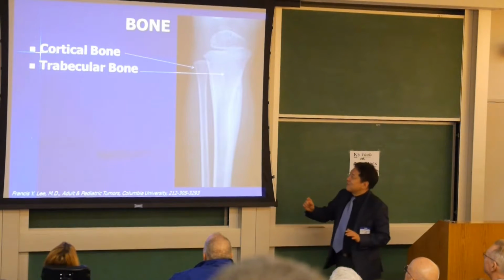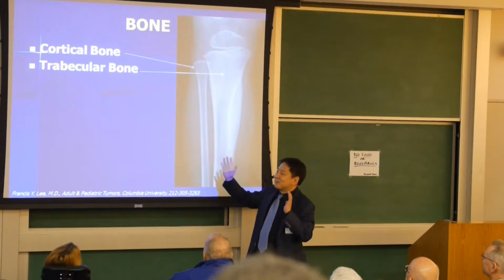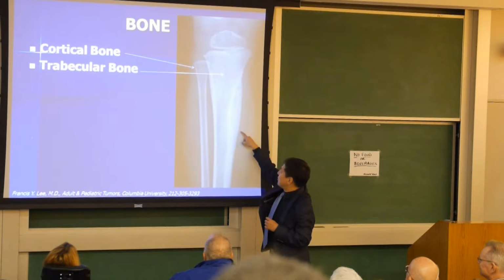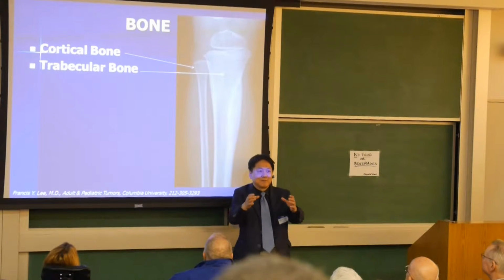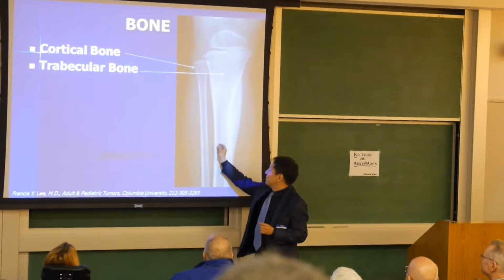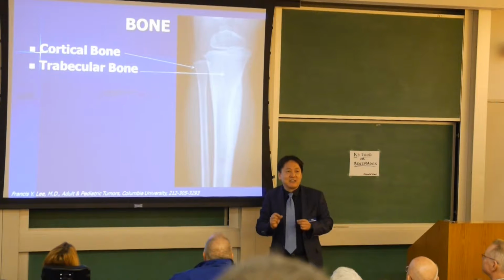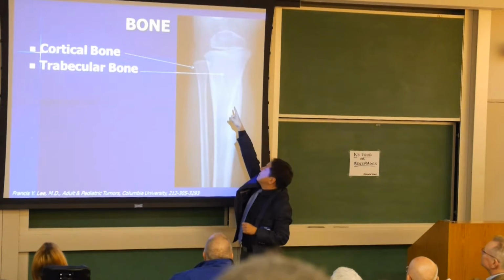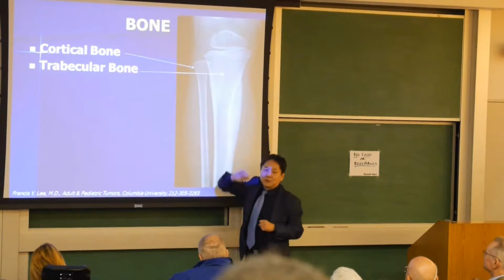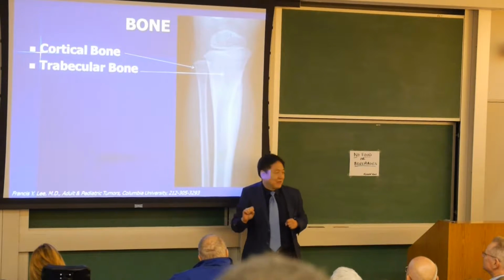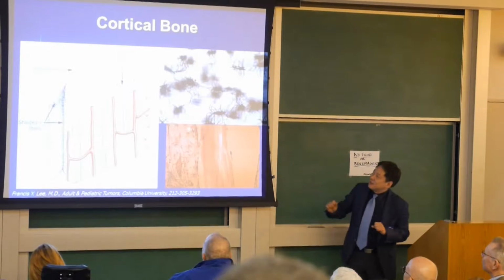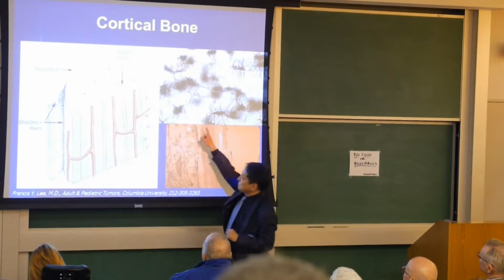So bone, as you know, has very random terminology, and we just divide it into cortical bone, which is the shell. It's more dense and more stiff. The second part is the bone in the middle, called trabecular bone, and it looks like a sponge. So this is the histology of cortical bone.